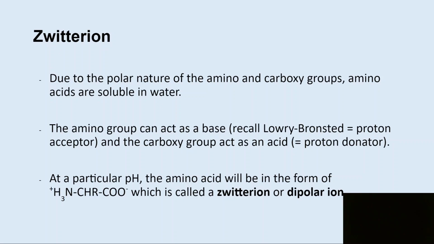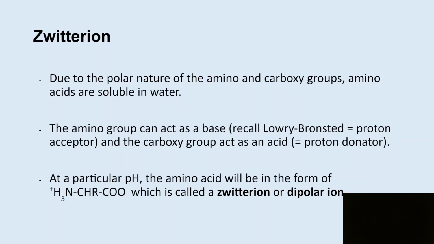So, because of the polar nature of the amino and the carboxyl groups, amino acids are soluble in water. The amino group can act as a base. Remember Lowry-Bronsted from last year, acid-base reactions: a base is a proton acceptor. The carboxyl group, the COOH, acts as an acid as it will donate its proton.